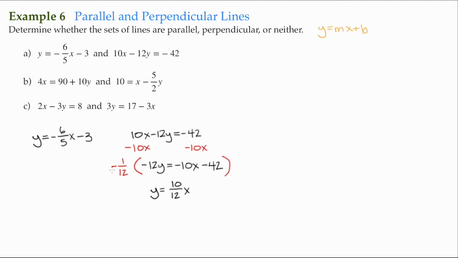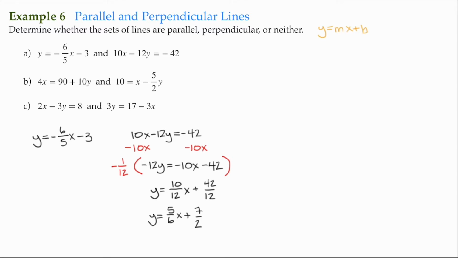And -1/12 times -42, that's positive 42/12. Now everything should be written in their simplest terms. So 10/12 x, that simplifies to 5/6 x, and 42/12 is 7/2.